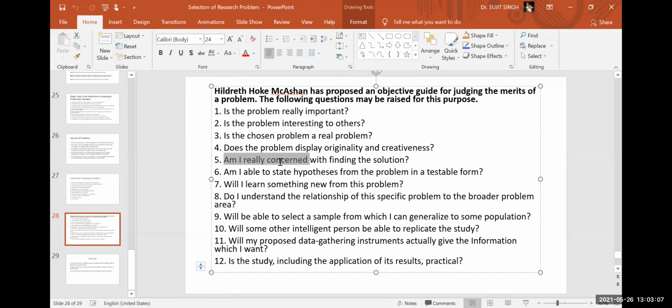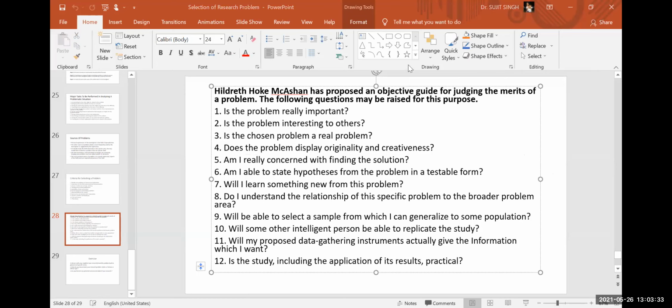Ask these questions. Am I really concerned with finding the solution? If you try to find the solution, certainly you can. Are you able to state the hypothesis? A hypothesis is some sort of relationship between the variables from the problem in a testable form that can be tested. Also ask the question, will I learn something new from this problem?